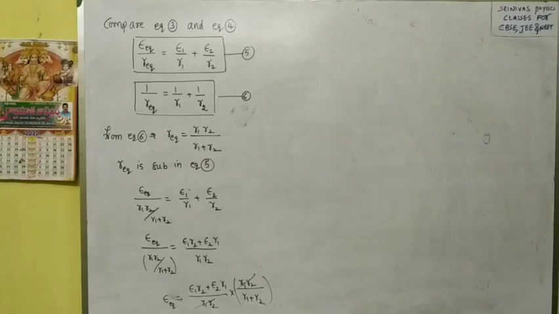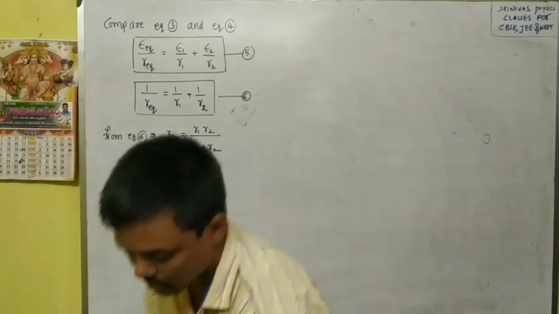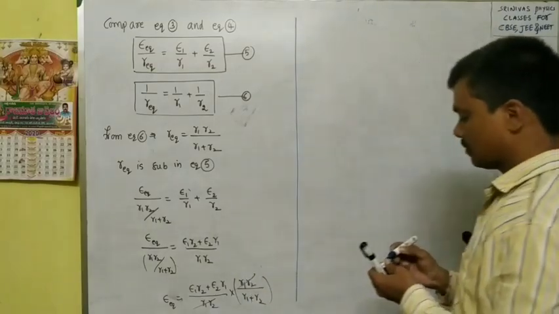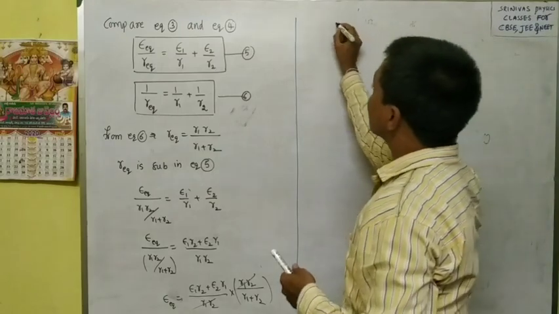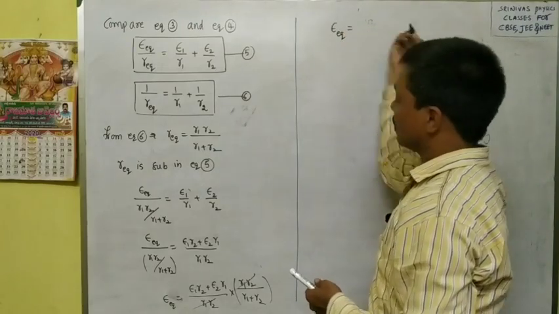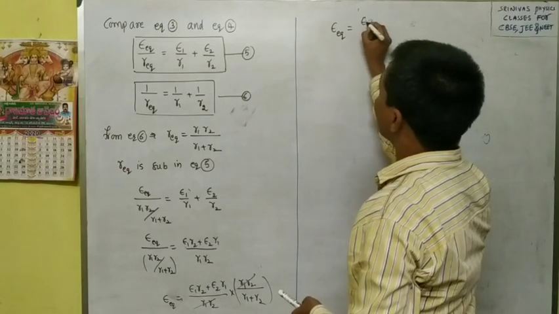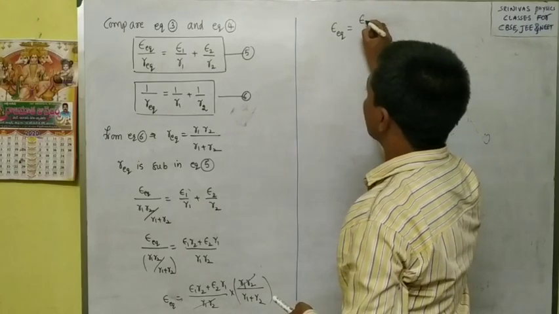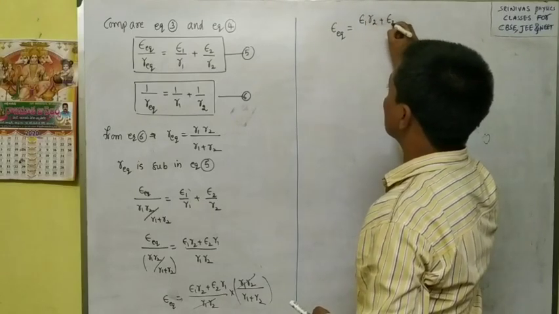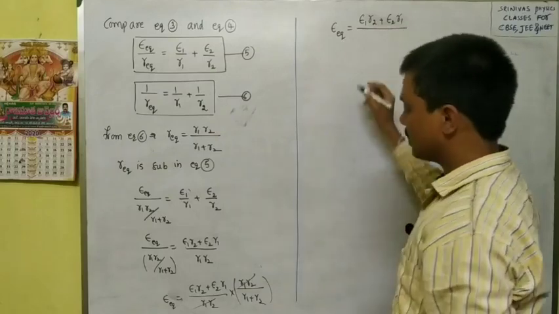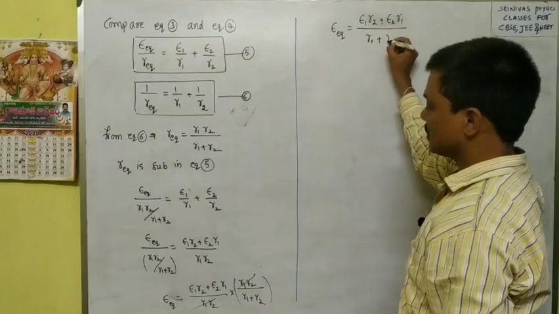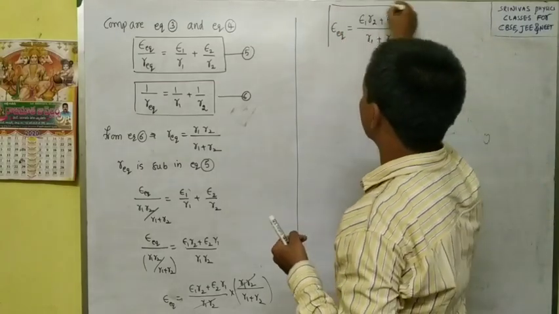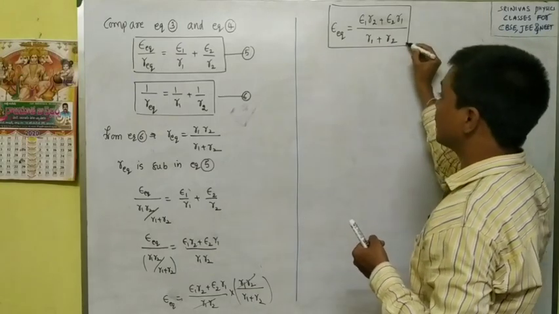The answer is E equivalent is equal to E1 R2 plus E2 R1 by R1 plus R2, right? This is the formula for the effective EMF when two cells are connected in series.